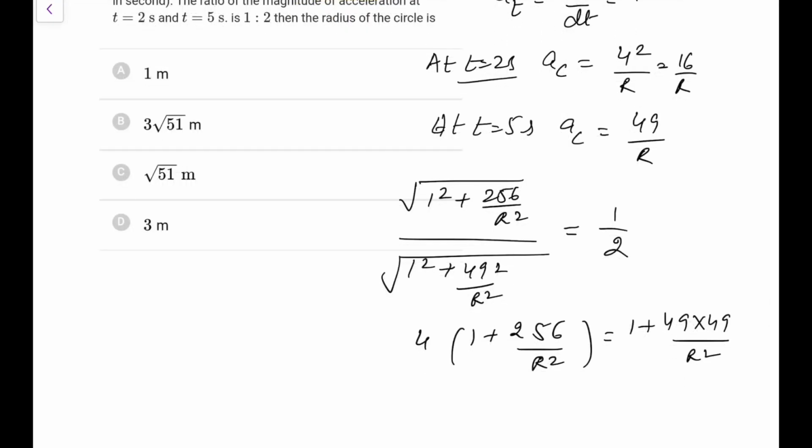So do this. 4 minus 1 will give me 3, equals 49 into 49 minus 256 into 4, by r square. So r square is 49 into 49.